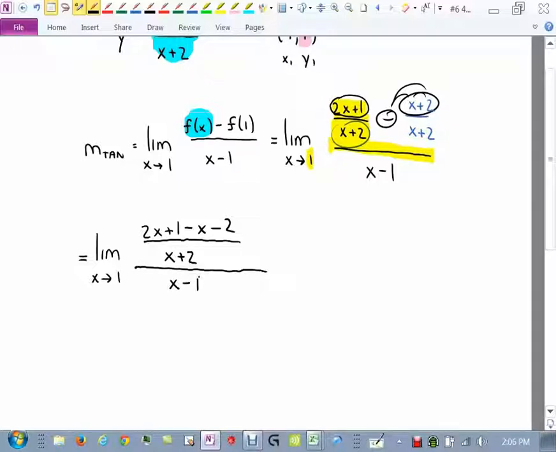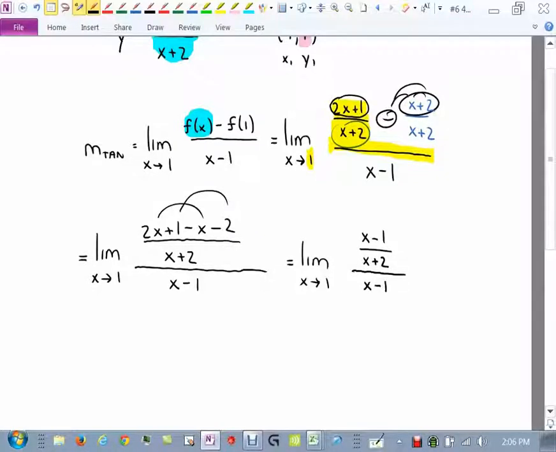And if things work out nicely here, we should get something to cancel. Let's see. We have 2x take away x, that's x. We have 1 take away 2, it's going to be negative 1. So we have x minus 1 over the common denominator, x plus 2, over the original denominator, x minus 1.